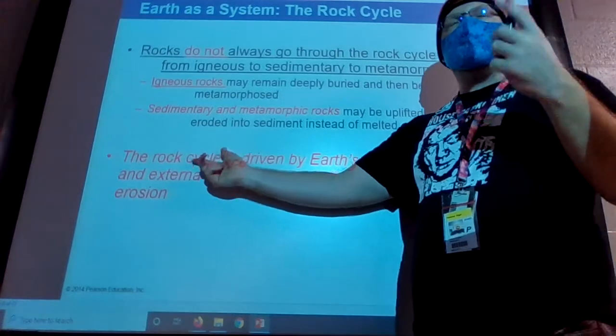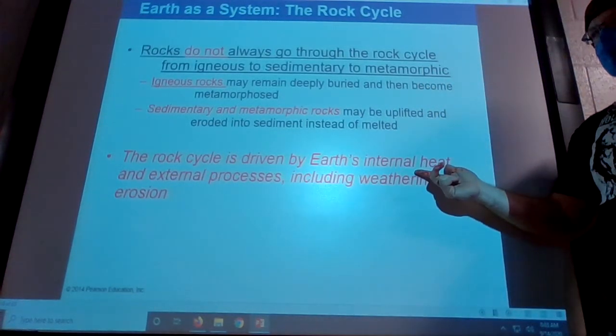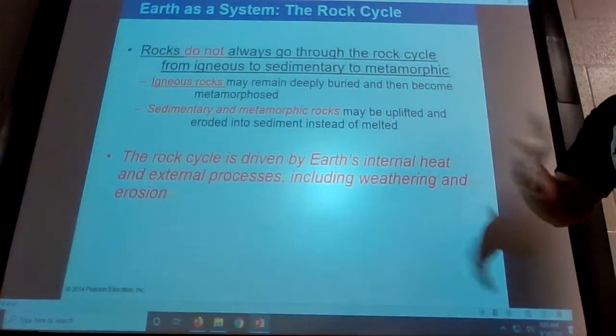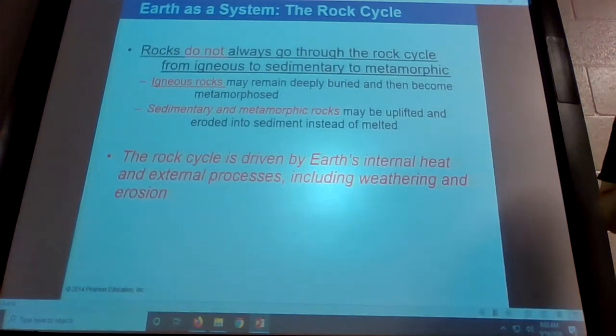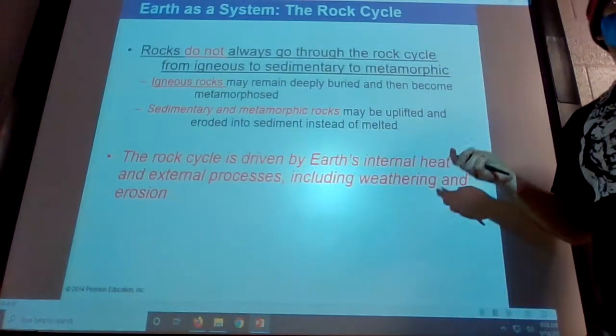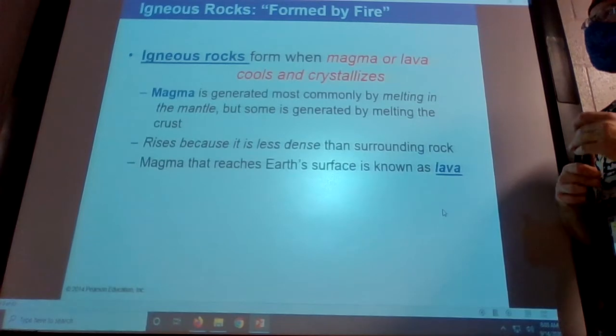The rock cycle is determined by Earth's processes. So you have the internal heat, you have the external processes like wind and rain and ice doing your weathering and erosion. And so it really depends on what part of the Earth the rock is in as to what's going to happen to it and how it's going to go through the rock cycle.